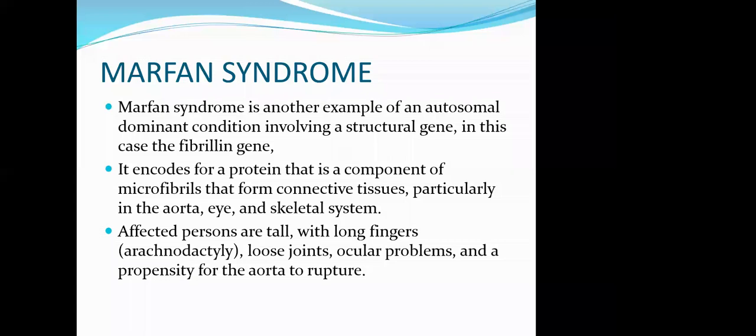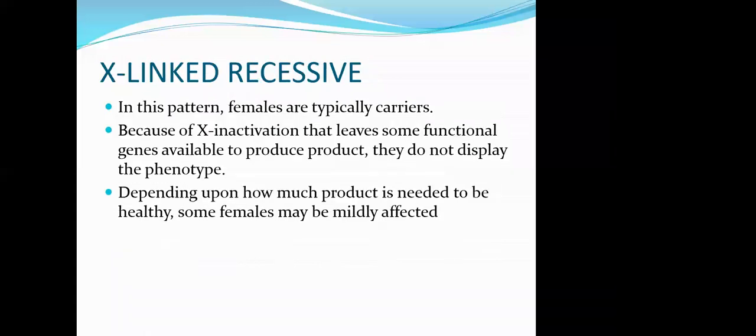So this condition is referred to as Marfan syndrome, in which the fibrillin gene, you need only one allele to have a mutation for it to manifest. Because even if the other is normal, still the structural protein that is being formed is abnormal. And this is referred to as Marfan's syndrome. Any questions so far?